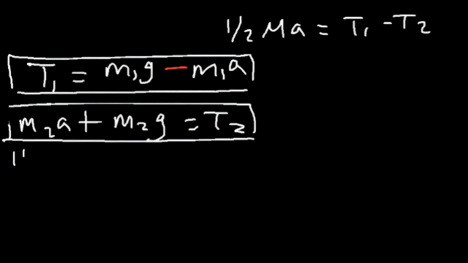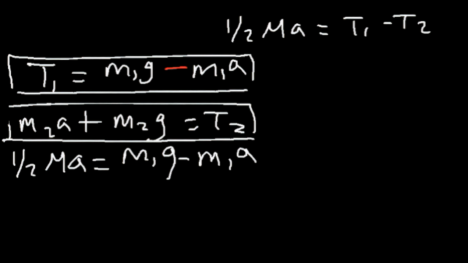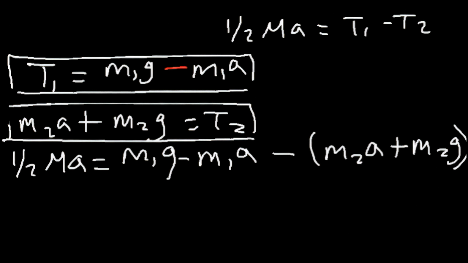So 1/2 ma is equal to T1, which is m1g minus m1a, and then minus T2, which is this value, m2a plus m2g. So now let's distribute the negative sign.